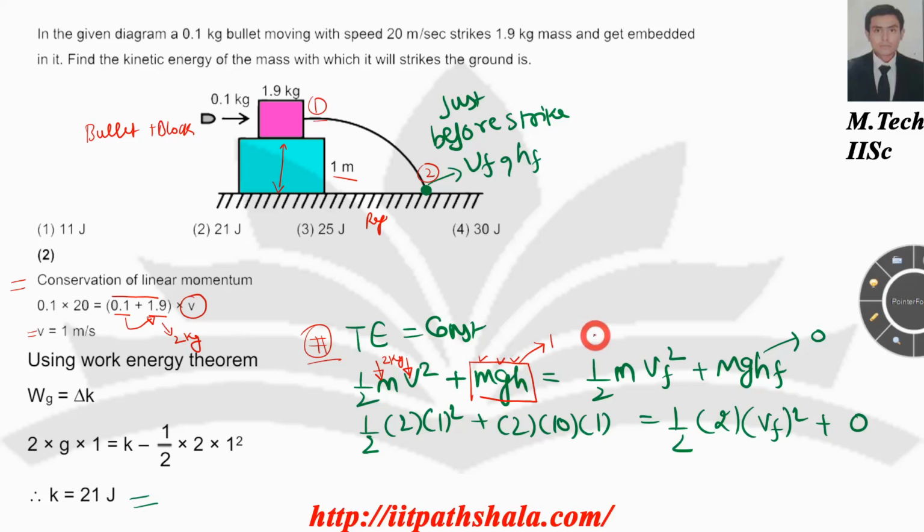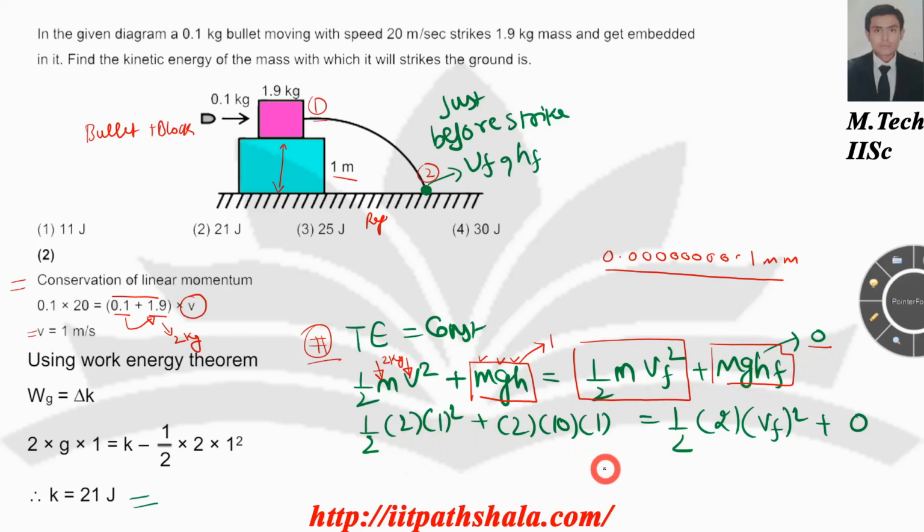Talking about the second point, the final kinetic energy is 1/2 m v_f^2, where v_f is the velocity just prior to hitting the ground, and mgh_f is the potential energy just a millimeter above the ground. You are taking a very small distance above the ground, for example 0.000000001 millimeter, so it is negligible. So my potential energy is equivalent to 0.